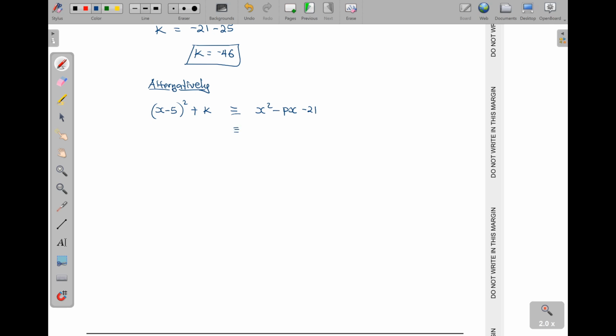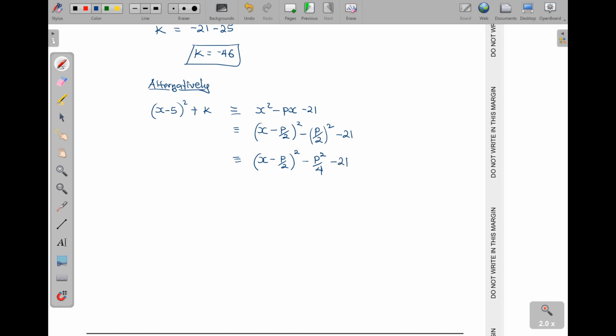So complete squares here on the right also. It will be x minus p divided by 2, then squared, and then minus 21. So this simply implies that we have (p over 2) squared. Then here, this is p squared over 4 minus 21.